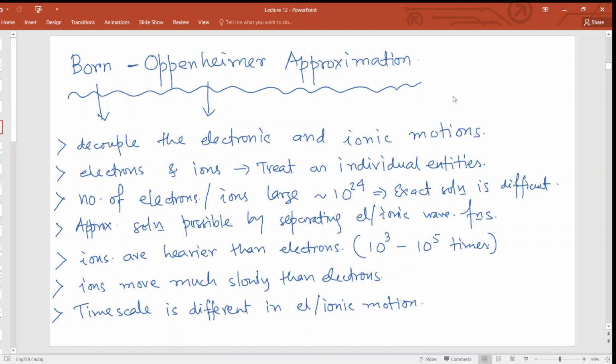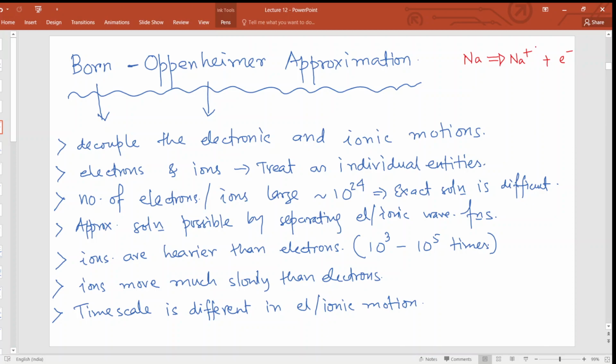As I said, we are treating an atom as a sum of an ion and an electron. So very simply, if I am talking about a sodium atom, I am taking it as a sum of sodium plus and an electron.